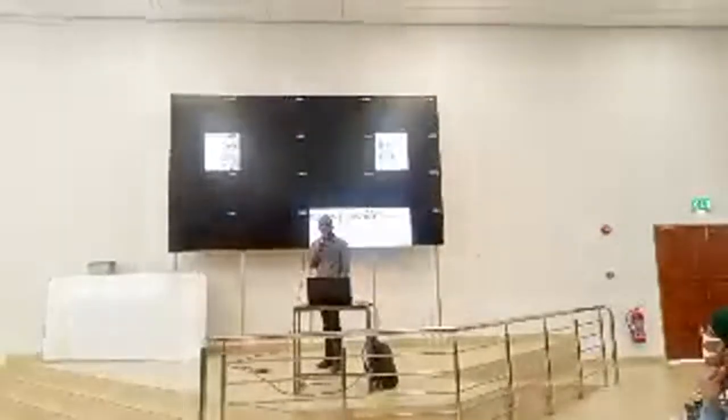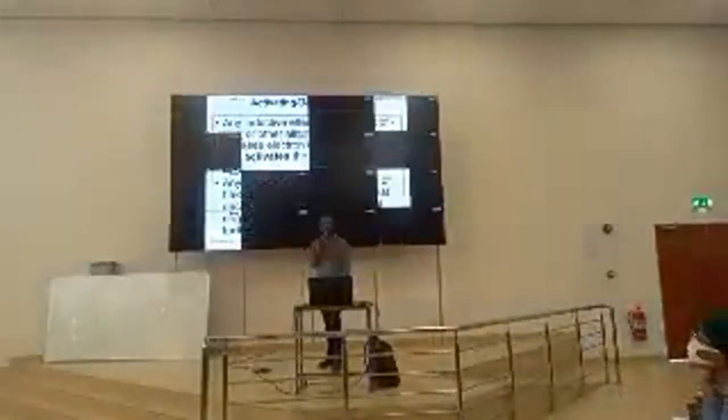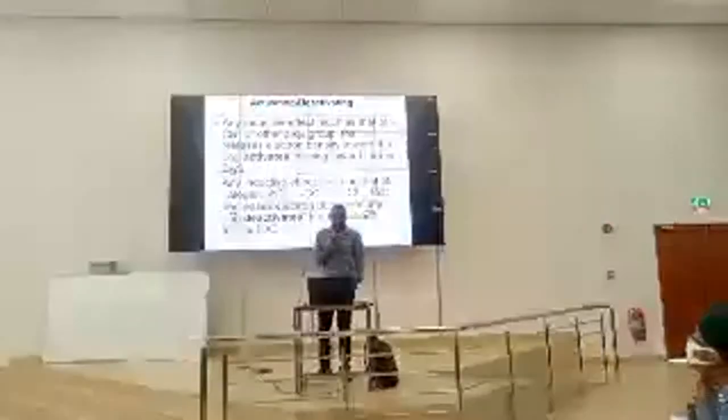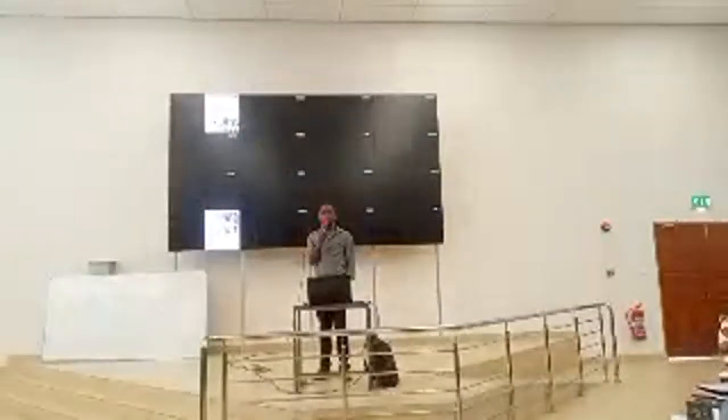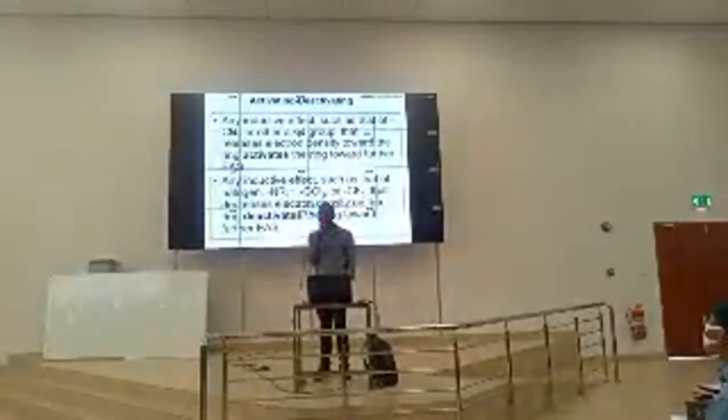We have other groups, such as the methyl and alkyl groups. These release electron density towards the ring. The same way, remember that we talked about hyperconjugation in the carbocation that is formed during SN1 reactions.